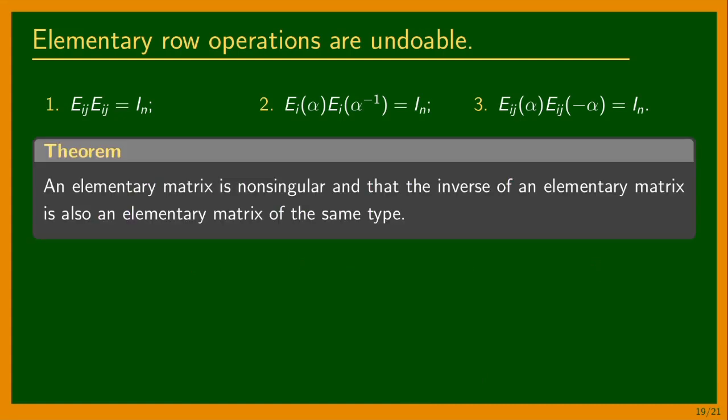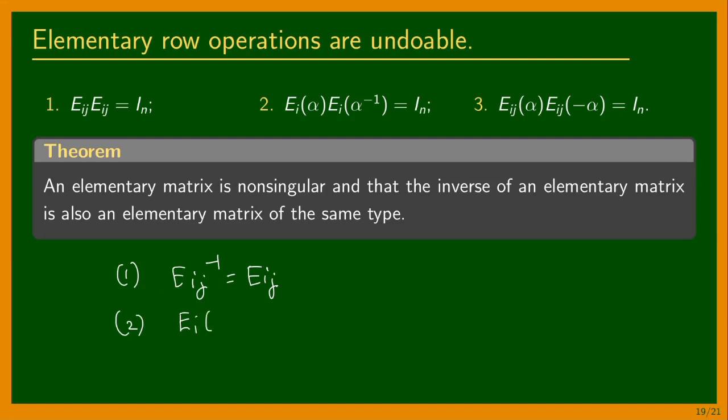An elementary matrix is always non-singular, and its inverse is going to be an elementary matrix of the same type. To summarize, if you have a type 1 operation, the inverse of Eij is also Eij, because doing the same Eij operation reverses the job.